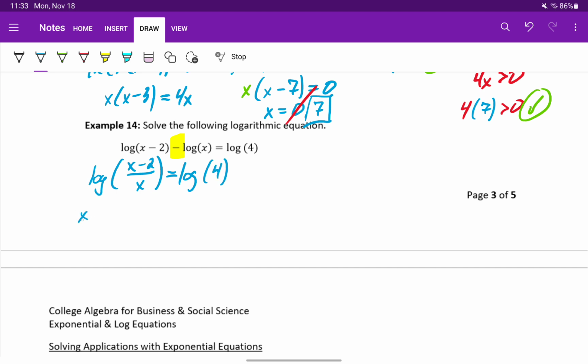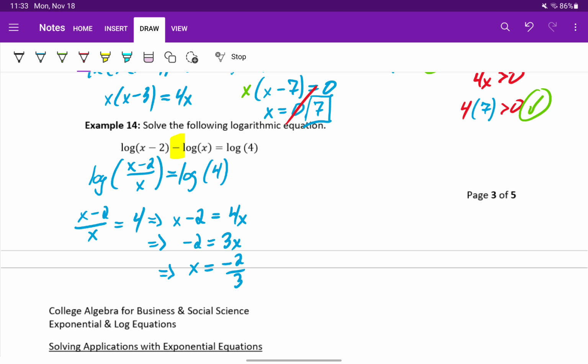Since the bases are the same, this tells us that x minus 2 over x has to be equal to 4. Multiplying both sides by x gives us x minus 2 is equal to 4x. Now we can subtract x from both sides to get negative 2 is equal to 3x, or x is equal to negative 2/3 as a possible solution.